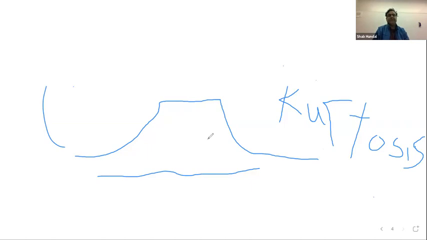Why is the curve pointy here or flat? The flatness shows how big a certain society is.